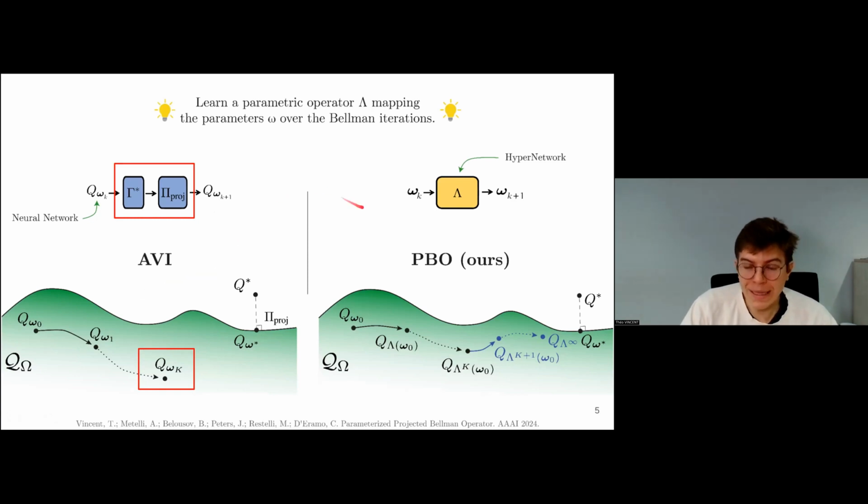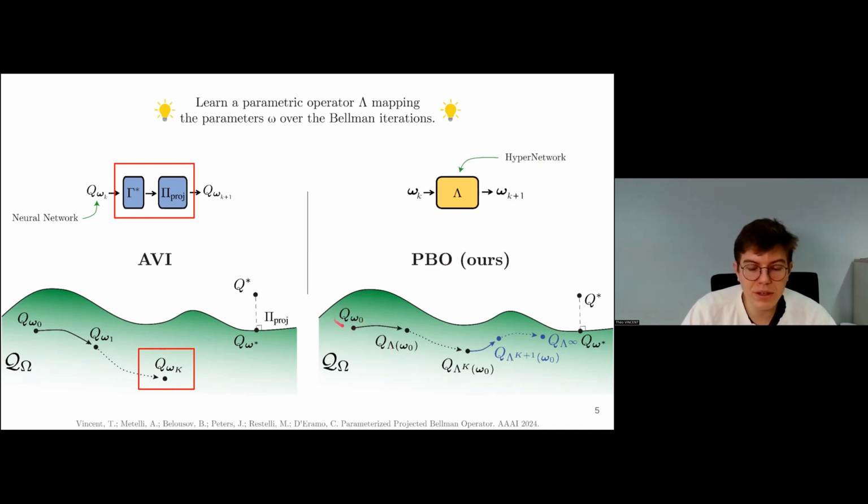This is why we came up in this paper with an idea of working directly in the space of parameters. What we want to do is to learn a hypernetwork, a neural network that takes as input weights of neural networks and outputs weights of neural networks. This hypernetwork will look like that.